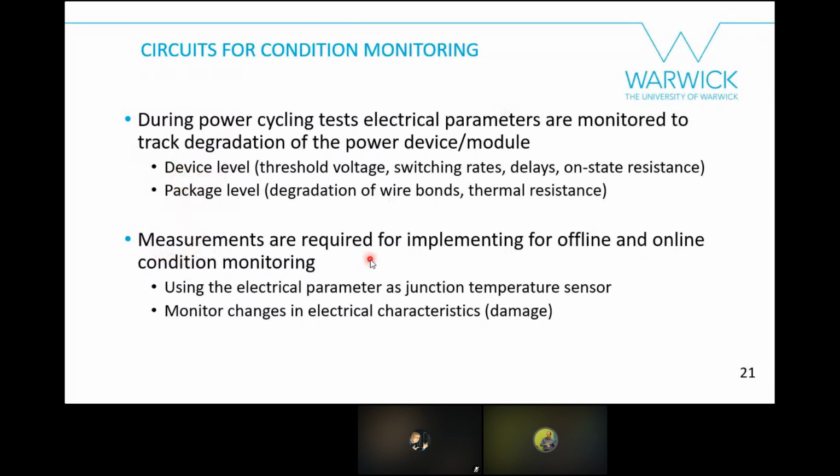The important thing now is that you require measurements, and these measurements are required for both offline and online condition monitoring. If you want to do that during operation, that's online. If you want to do that during standby phases, during idle periods in the lab, that's offline. And you can use electrical parameters as a junction temperature sensor, or you can just monitor changes in electrical parameters caused by damage.